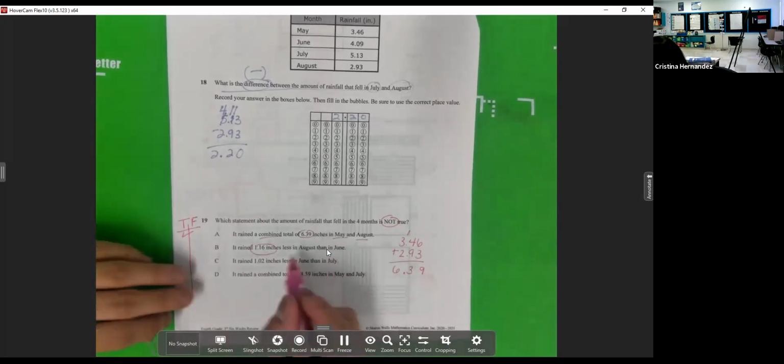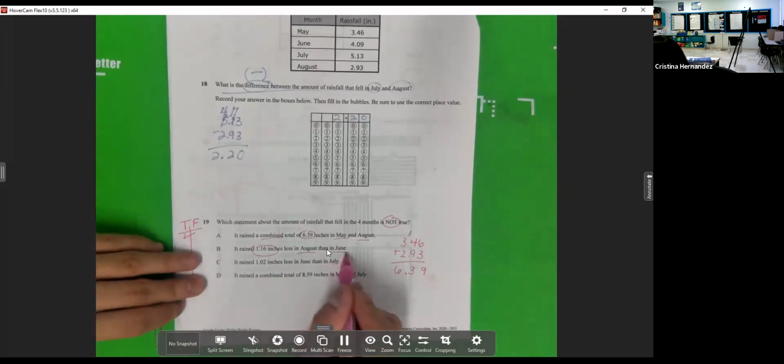Yes, that's true. It rained 1.16 inches less in August than June, which means you have to do what with those two months? Subtract. June and August. So 4.09 minus 2.93.